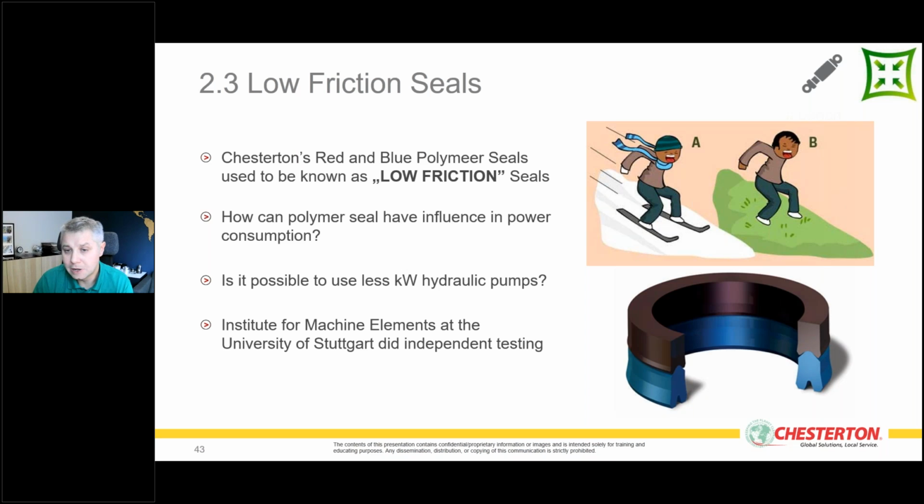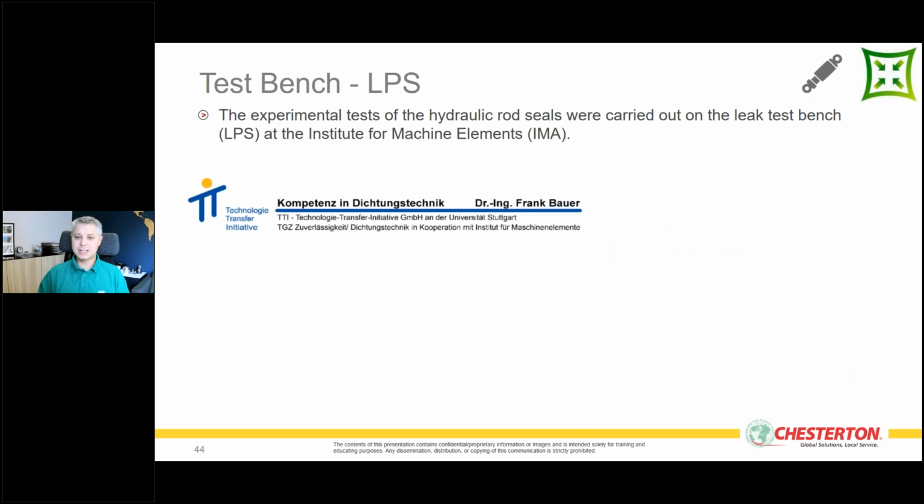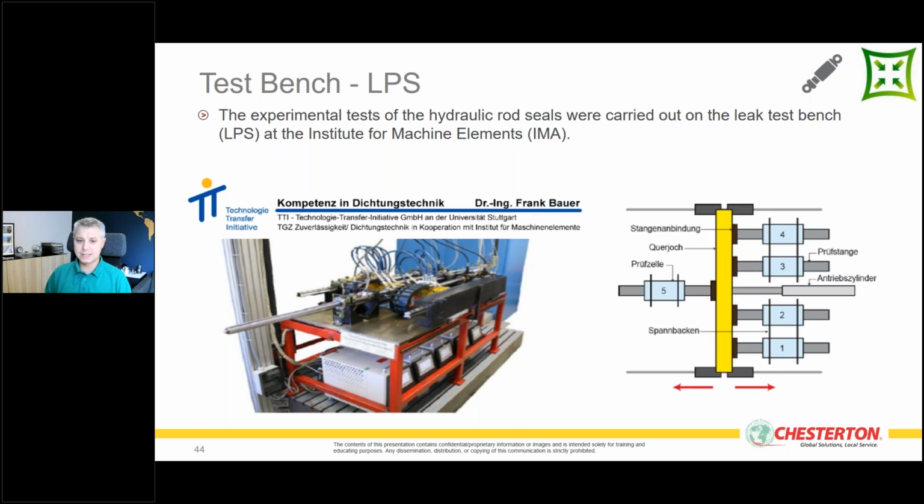Let's have a look. The laboratory built special equipment based on several cylinders, which you can see now on the drawing and on the photo. They were testing in different conditions, different parameters. How are the seals behaving? How is the friction? How is the breakaway force? Let's go to the next slide.